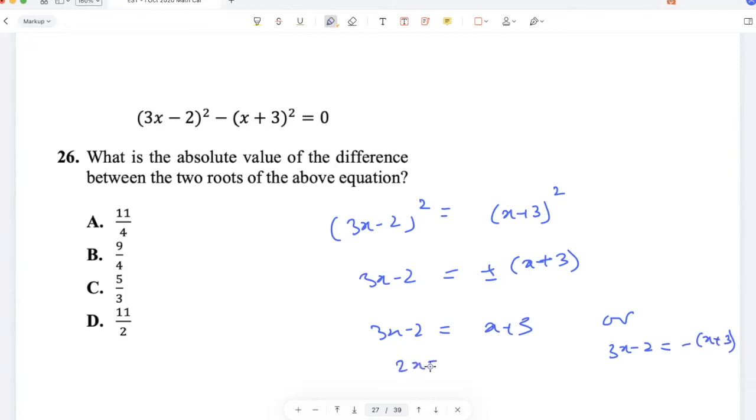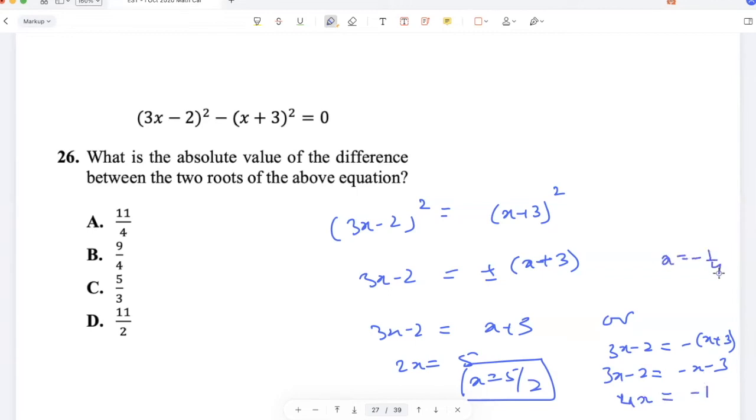So 2x is 5. So x is 5 by 2. That's one root. And 3x minus 2 is minus x minus 3. So 4x is minus 1. So x is minus 1 by 4.